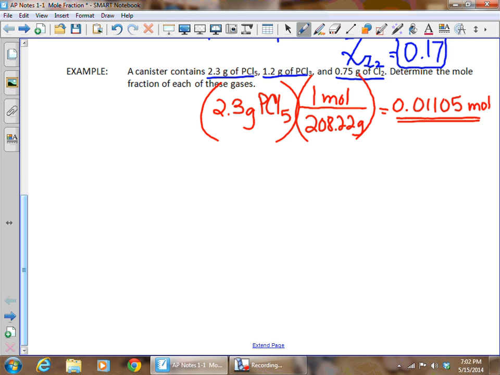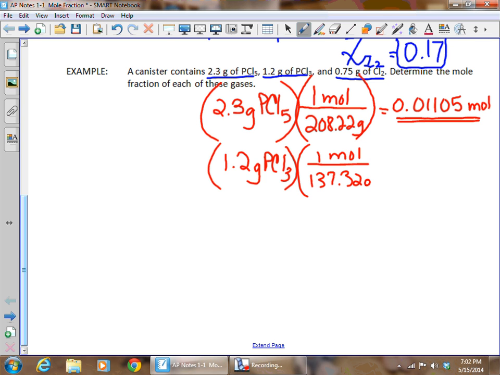And let's look at PCl3. We've got 1.2 grams of PCl3. If we add up 1 phosphorus and 3 chlorines, we get that a mole of this has a mass of 137.32 grams. When we divide that out, we end up with 0.00874 moles. And then finally, our last one is chlorine.